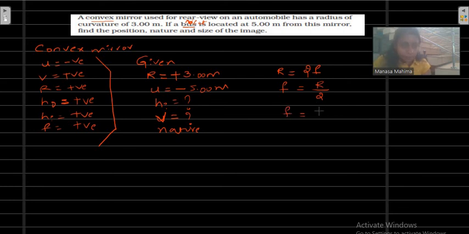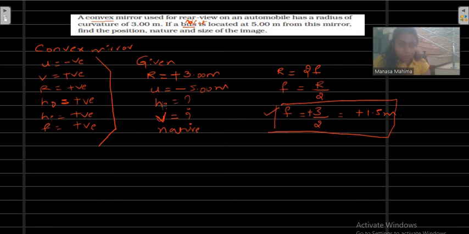So what is the value? It is 3 by 2. You have to write with the sign. Sign is very much important, okay? So it is equal to plus 1.5 meter. So now you got to know the value of F, right?